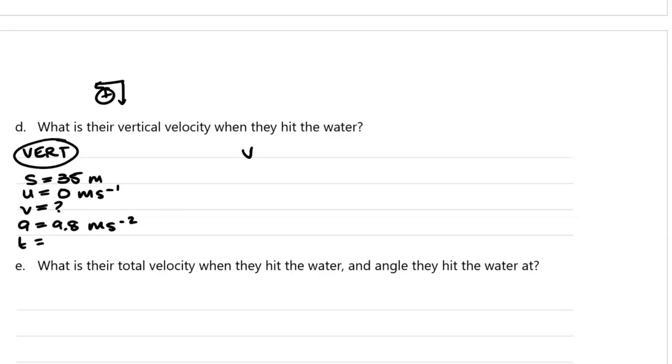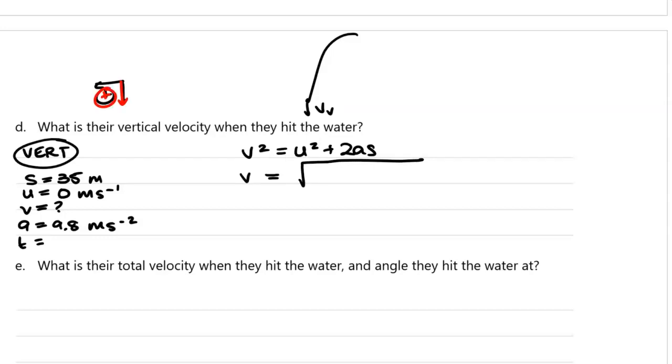So if we use V squared equals U squared plus 2AS, V, we need the negative. With V, when that projectile hits the water, the vertical velocity, let's write V vertical, it's going to be downwards. So that means when we take the square root, we're going to make it positive because we said downwards was positive here.